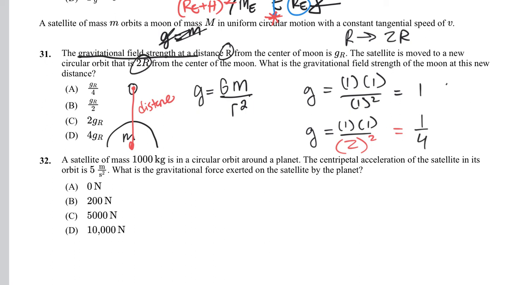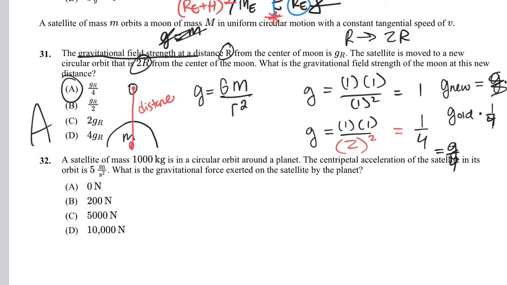So that means we can say that the new g is going to be equal to the original g times 1/4. Let me write it down here. So new is going to be equal to OG times 1/4, or g over 4, which is going to be letter A.